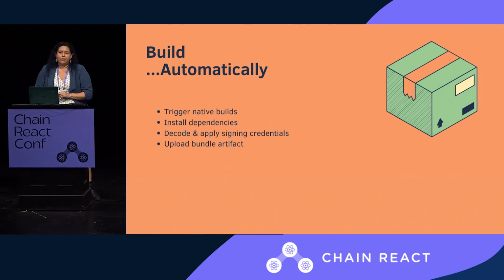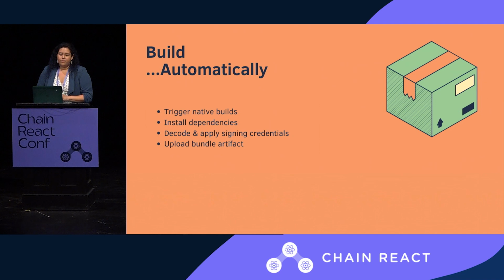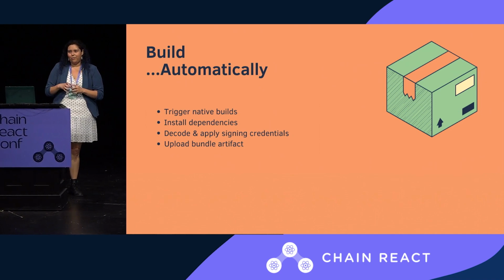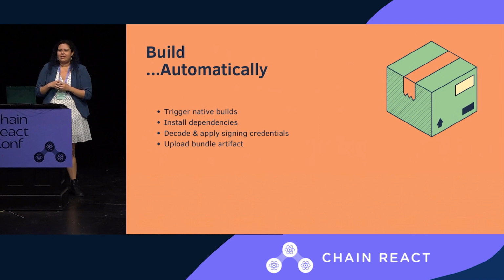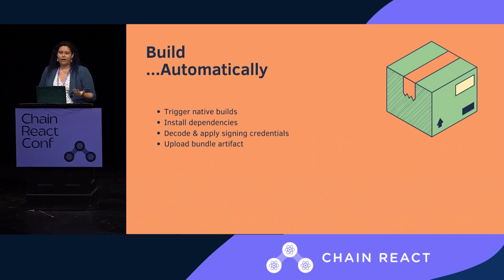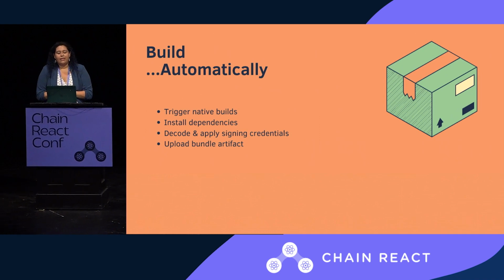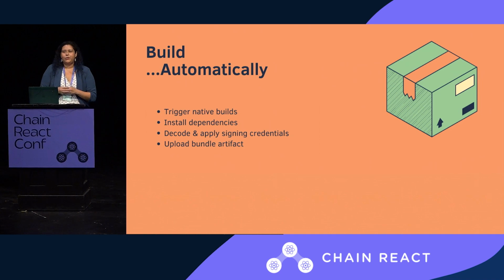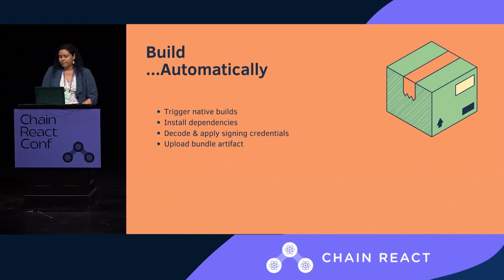You'll need to install that build stack dependencies in the environment. Then you need to decode and apply the signing credentials in the environment. So those signing credentials need to be in the same environment where the build is taking place. If you're in CI/CD, that's the ephemeral environment that you're working with. And then finally, you also need to upload that bundle artifact to be able to access it so you can distribute it to your testers.